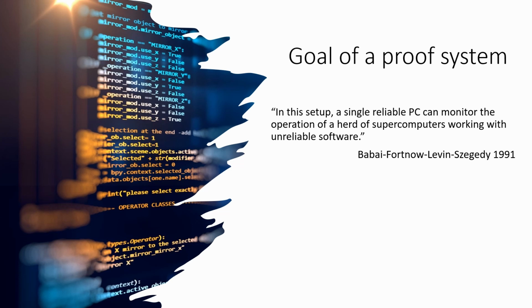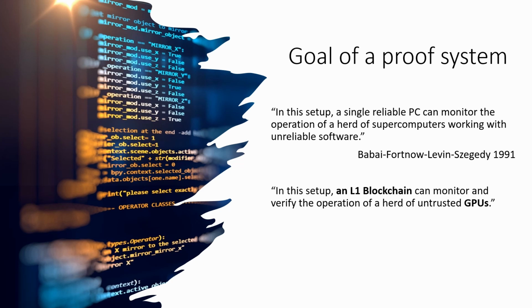Now, back in 1991, we weren't sure what practical applications this had. Fast forward to today, we now can see that an L1 blockchain fits the description of a single reliable PC, and GPUs fit the description of supercomputers. So we can update the statement and say, with these proof systems, an L1 blockchain can monitor and verify the operation of a herd of untrusted GPUs.